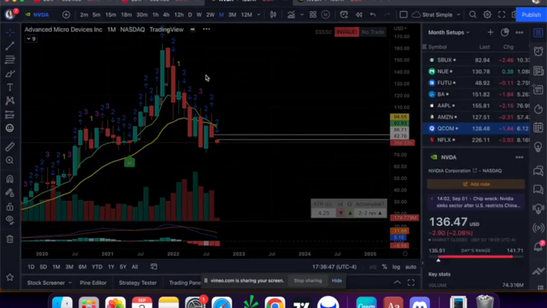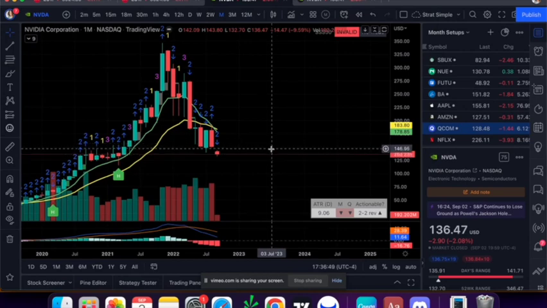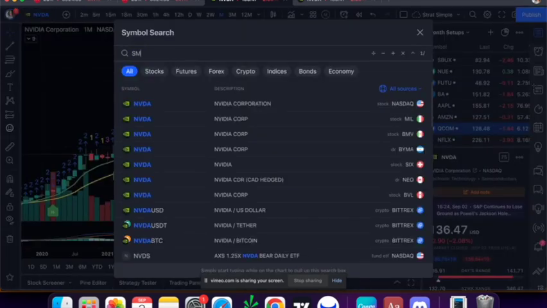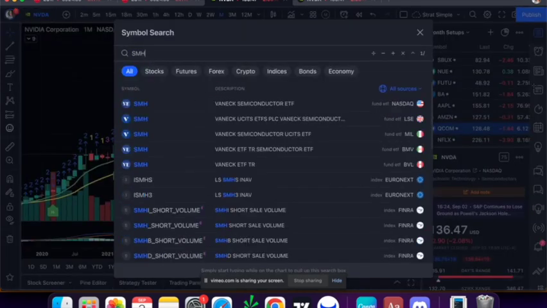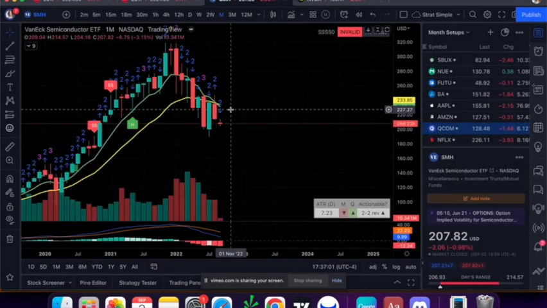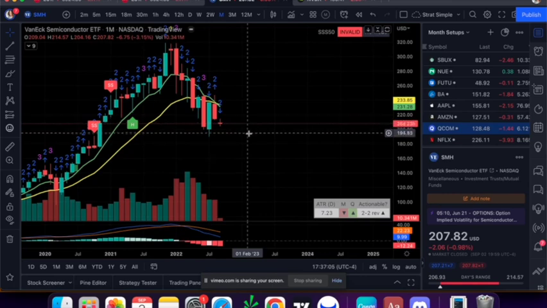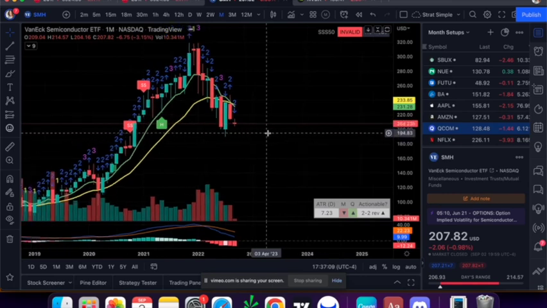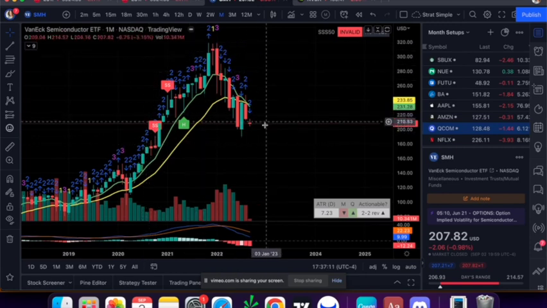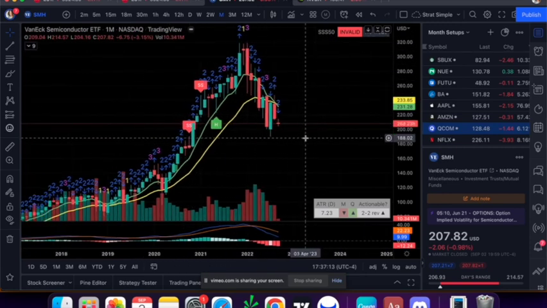But we know Nvidia did. It gapped on the month, so it's also something to be aware of. The gap on the month is kind of heesh. And then I think SMH also, if you play the HTF. Yep. No gap there, so to 190. All of these things look the same.